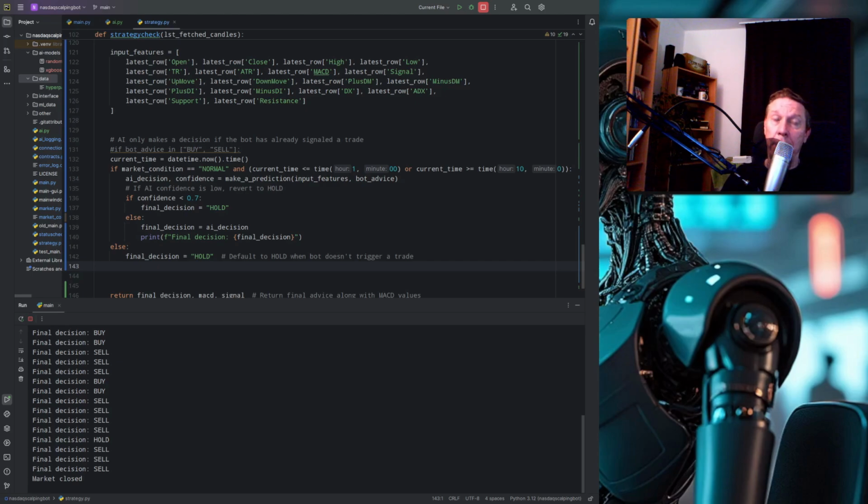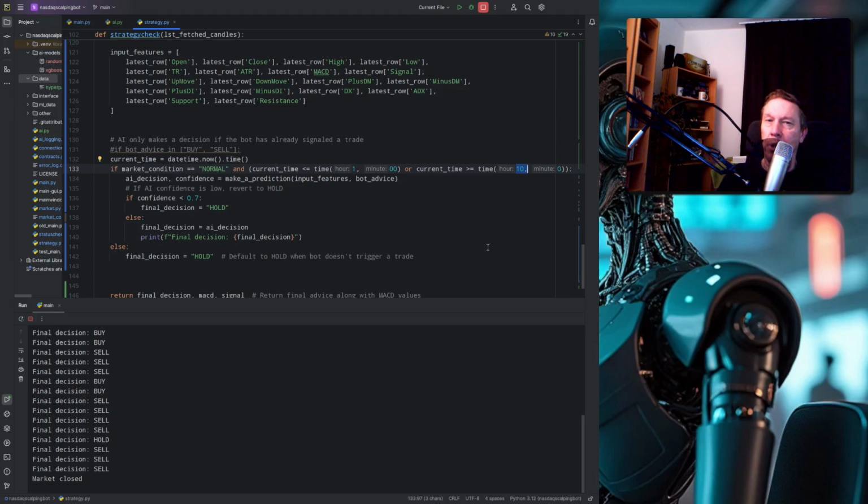And to do so, I made a small change in the code, like I told last Friday, and that's that I want to exclude the times between 1 a.m. and 10 a.m. in the morning, because I saw that during this part of the day, when decisions are made to buy or sell, those are usually not profitable.